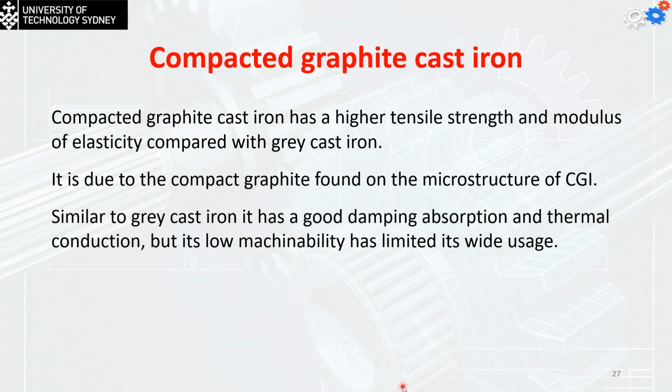So compacted graphite cast iron has higher tensile strength and modulus of elasticity compared with the gray cast iron, and it's due to the compact graphite found in its microstructure. Similar to the gray cast iron, it has good damping absorption and good thermal conduction, but the problem is it has lower machinability and has limited life in its usage.